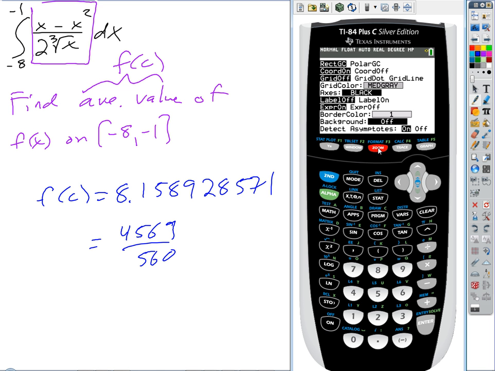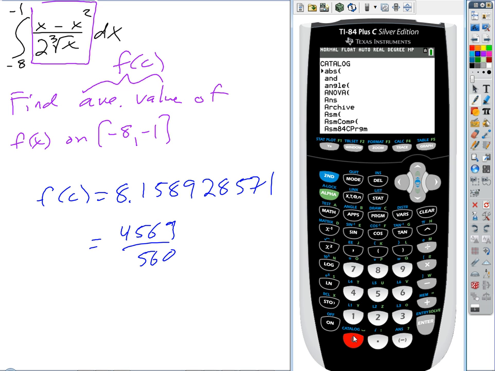I wonder, real quick, let's just look for something. I think there's a way you can do this easier. If you go second catalog, and go down to Alpha C, let's see if we can go down to clear. What if I don't want to change my window?